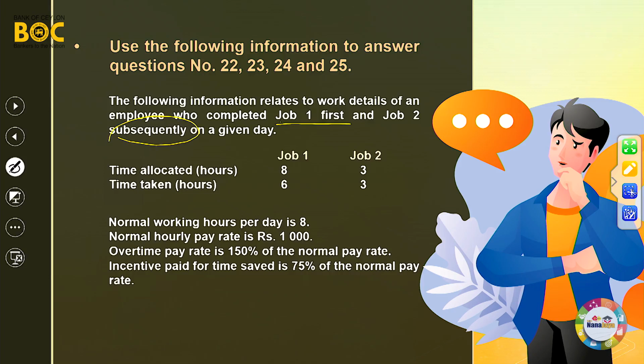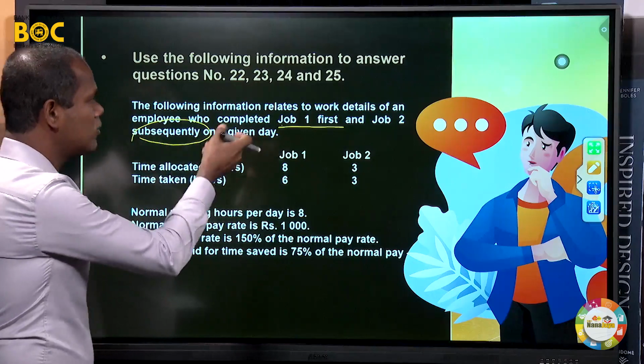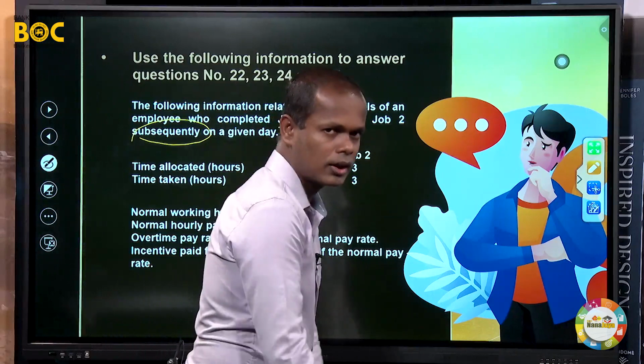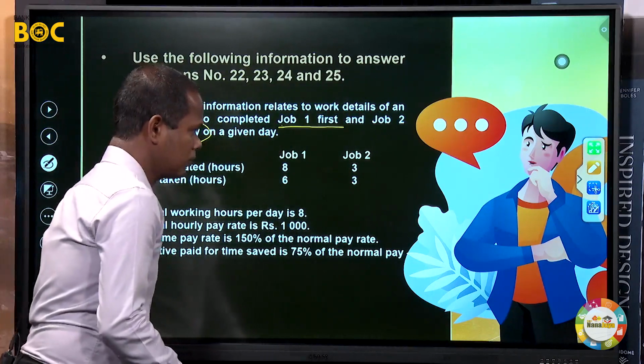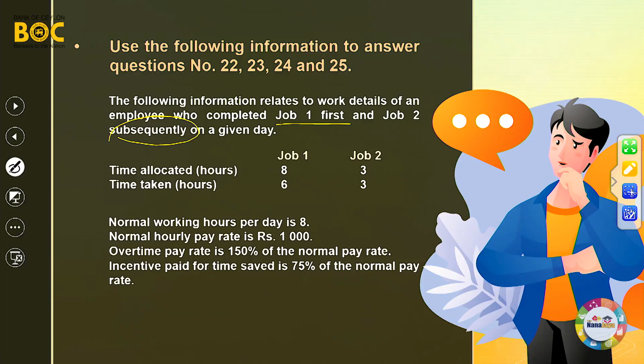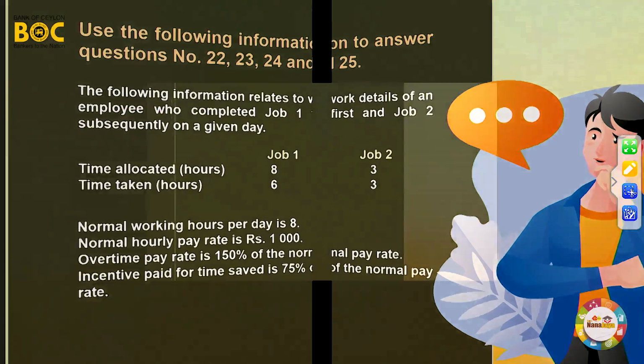He first completed job 1 and then moved to the second job. Then it's clear overtime is for the second job. He hasn't been doing both jobs parallelly. For the second job he has taken 3 hours.